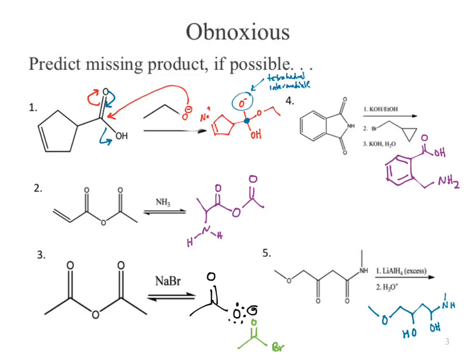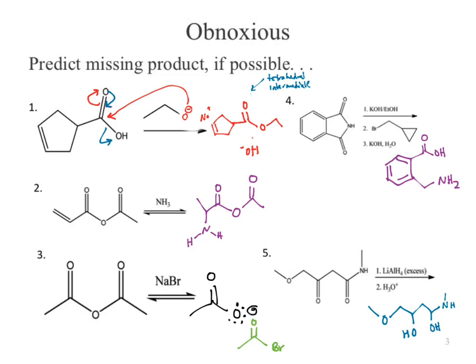That structure would then fall apart. The electrons come back down, and that's where we kick out a leaving group. You guys said we should kick out hydroxide. So a slightly better product would then be this character with OH minus as our leaving group left over, right?